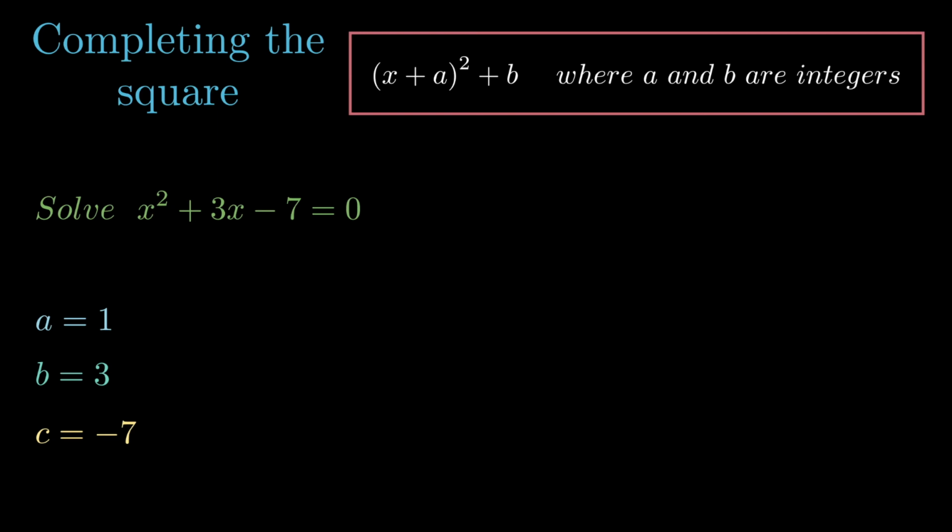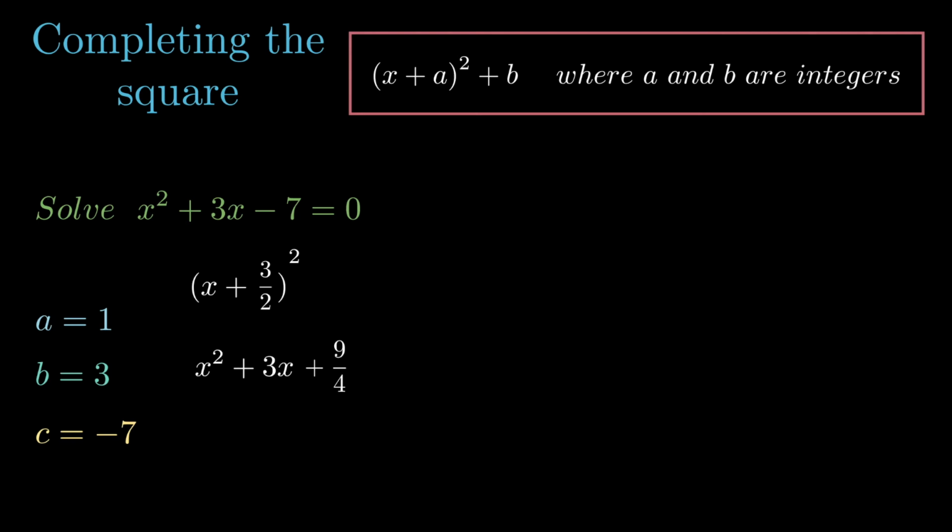And half of b, we can write as a fraction 3 over 2, or you can write as a decimal 1.5, but it's up to you. So we have (x plus 3 over 2) squared. Now when we expand this, we get x squared plus 3x plus 9 over 4. If you're confused with what I've done, expand it yourself using your hand.